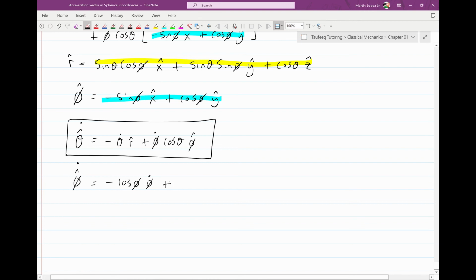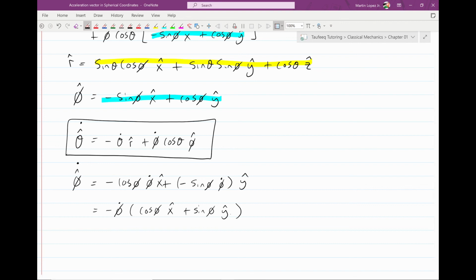So this is going to be negative cosine phi dot x hat plus negative sine phi dot y hat. Let us factor the negatives and then phi dot, so this is negative phi dot times cosine phi x hat plus sine phi y hat.